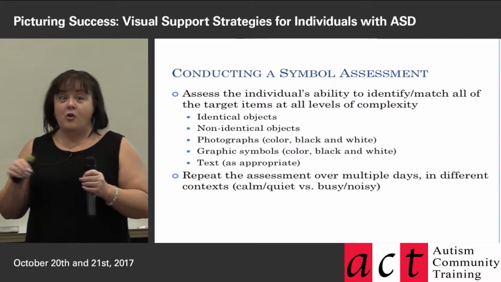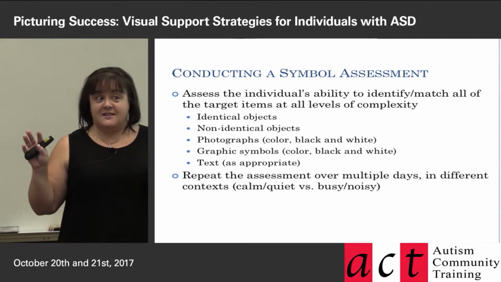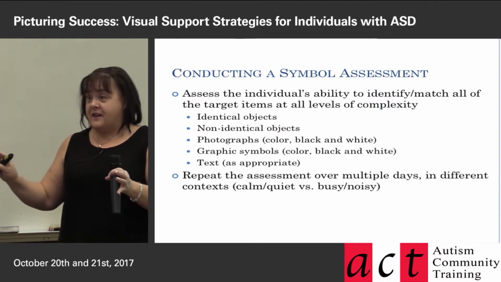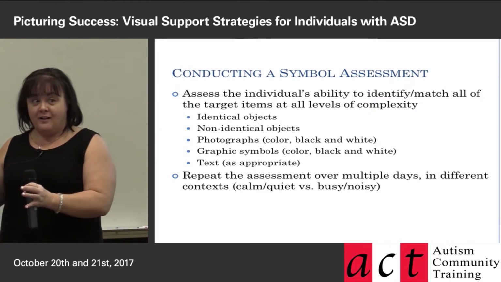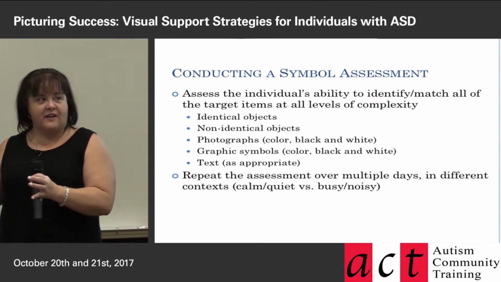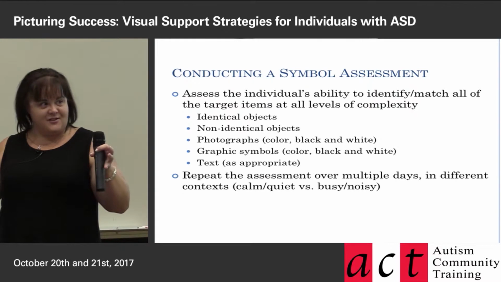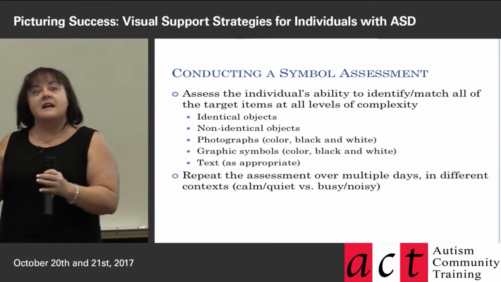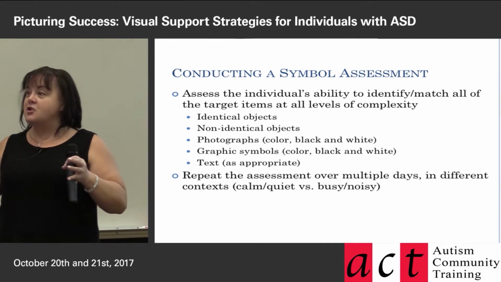If the kid only understands picture communication symbols in a little room with nobody else there and nothing moving, but doesn't understand them in the classroom, there's no point using picture communication symbols, because they mean nothing in the classroom. They can't focus sufficiently and ignore everything else going on to understand. In that case, maybe photographs are what they can understand in a noisy environment.